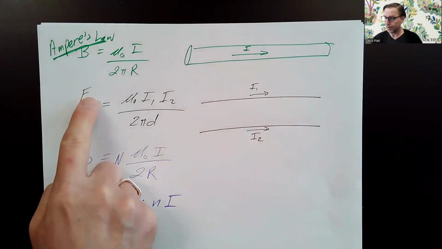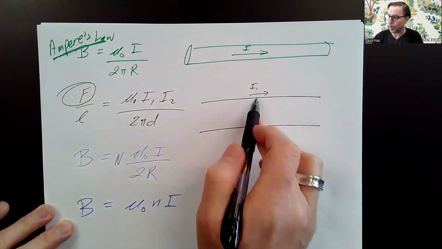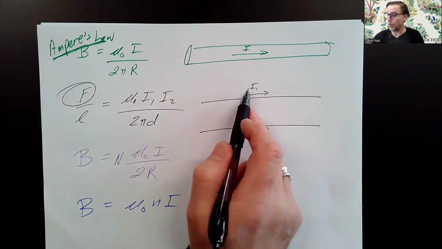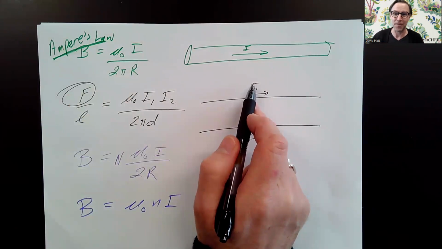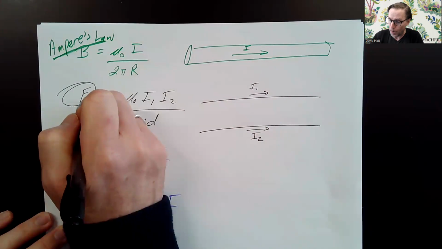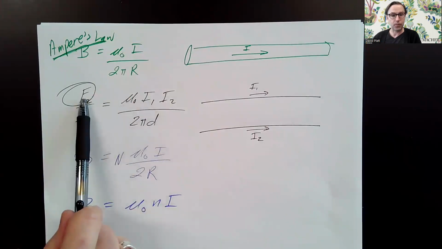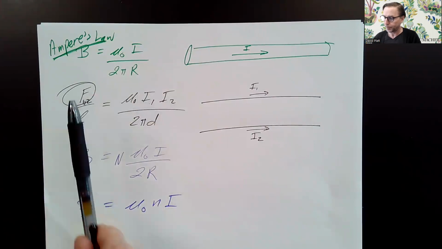This F here represents how hard this one pushes this one. And you're like, well, doesn't this one also push this one? Yes. So if this one pushes this one, does this one push this one? Yes, Newton's third law. So this F is either how hard one pushes two, or it's how hard two pushes one. Either way. And it might make sense to you that more current would mean a stronger force, and less current in either wire would be less force.